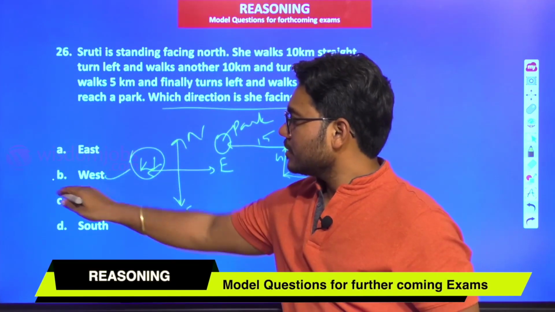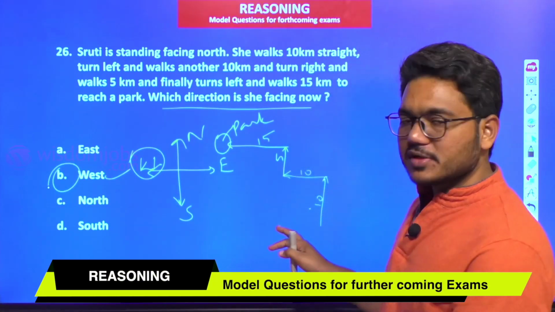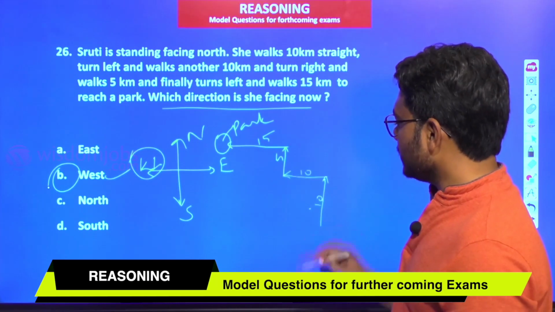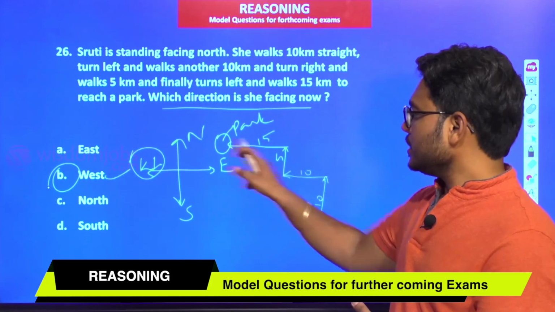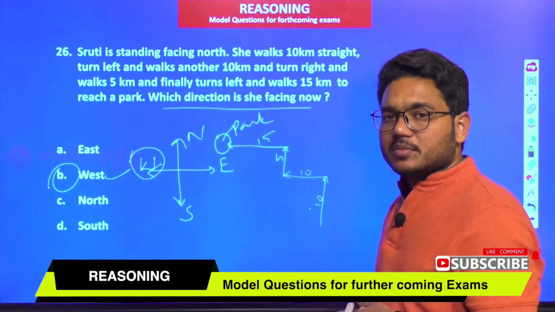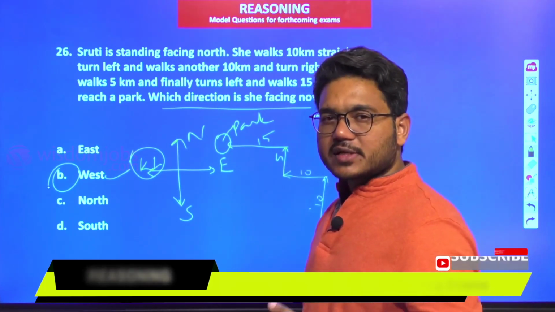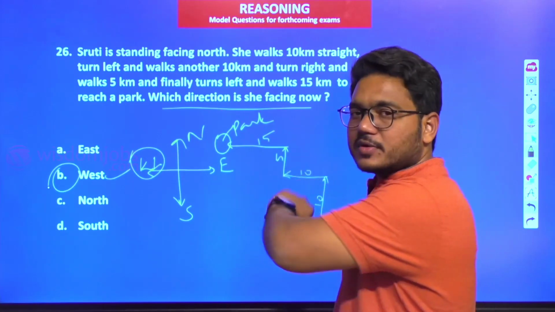Our answer is west, which is obvious. Try to observe here that even if we don't mention the numbers, we can easily trace out the directions. We need not worry about the numbers here, which could save a few seconds if you judge based on what is asked.